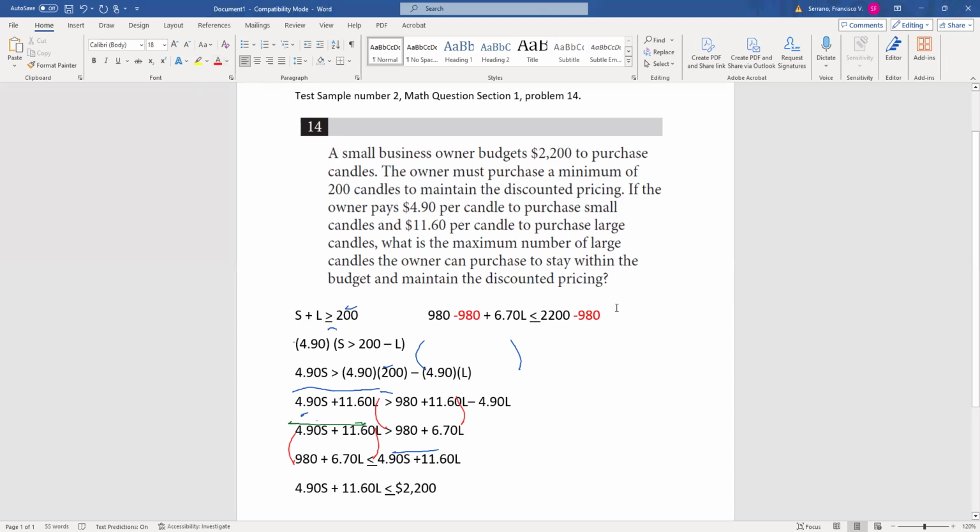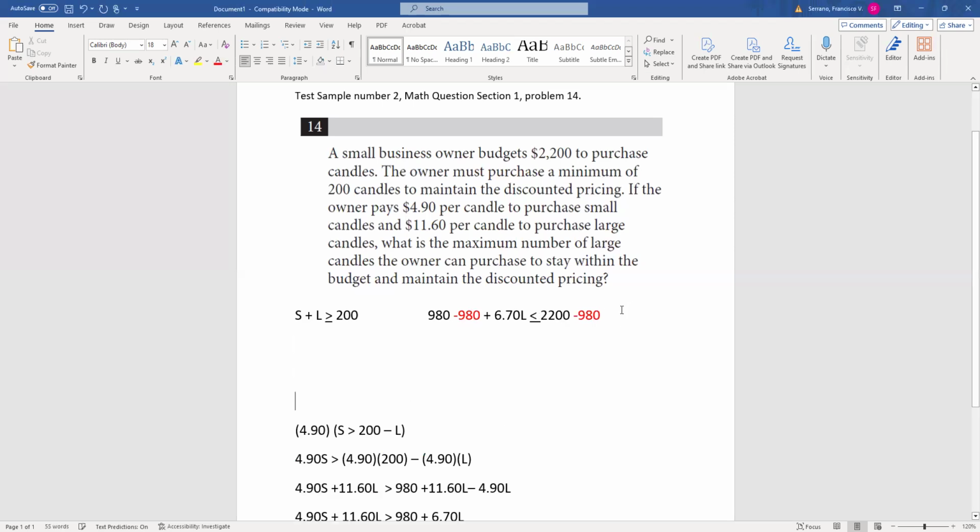Okay, so I'm going to erase my annotations here if you need to pause or not. And I'm going to give myself some room to keep working here. So 980 minus 980 is 0.